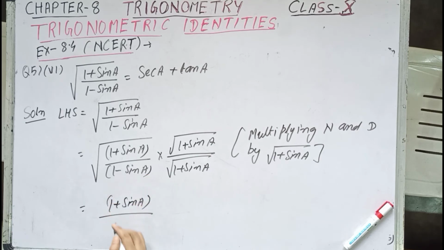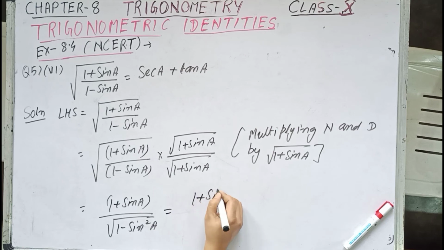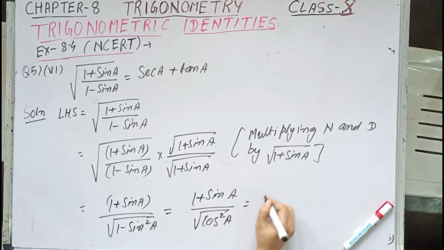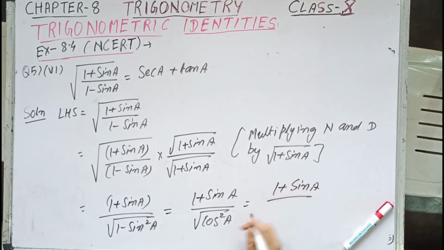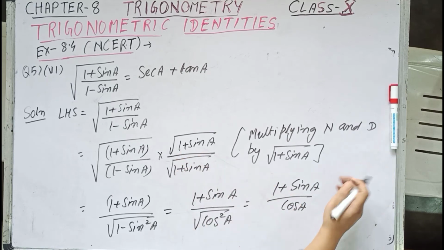So under root of 1 minus sin A times 1 plus sin A means A minus B, A plus B, which will be A square minus B square. Now this will be equals to 1 plus sin A by 1 minus sin square A, which is cos square A. So under root of cos square A. So this will be equals to 1 plus sin A by under root of cos square A, which is cos A. Always target RHS.